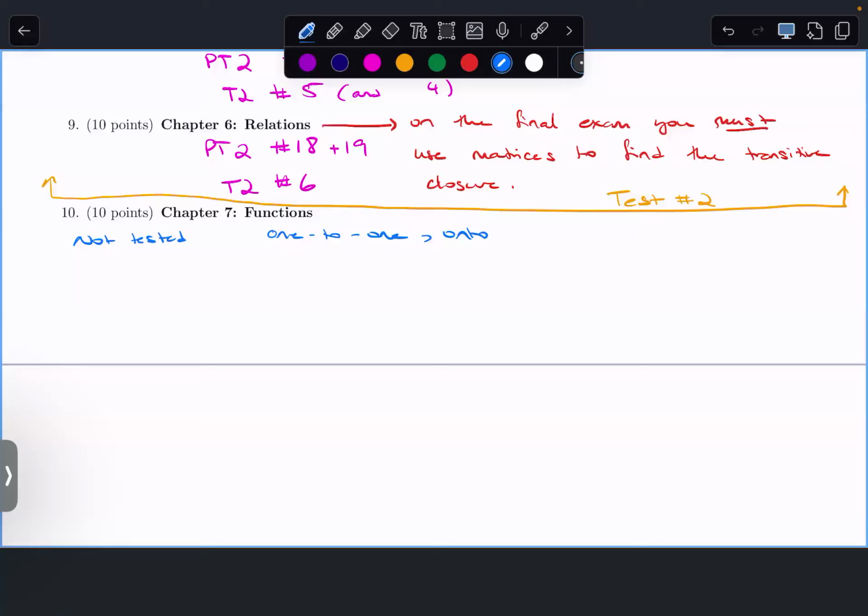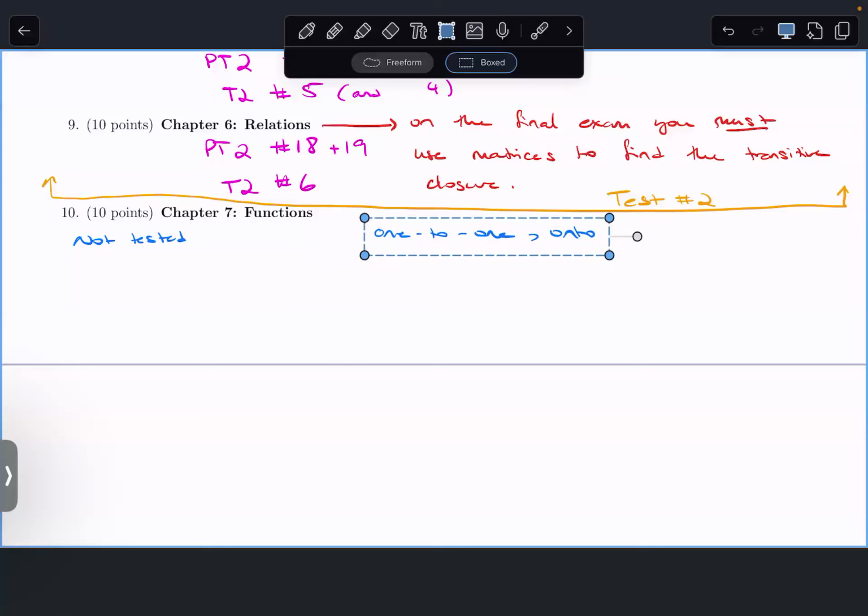We said, okay, all the values in the domain have to be used and mapped to something in the codomain. And the things that are mapped to in the codomain are called the range, right? And what was the other rule? So everything in the domain has to be used up, and anything in the domain can only go to one thing, right? Doesn't have to be a unique thing, but it has to go to one thing only. You can't have a split.